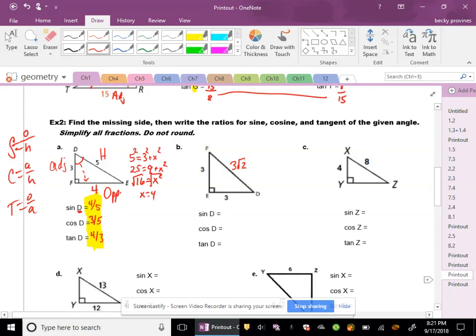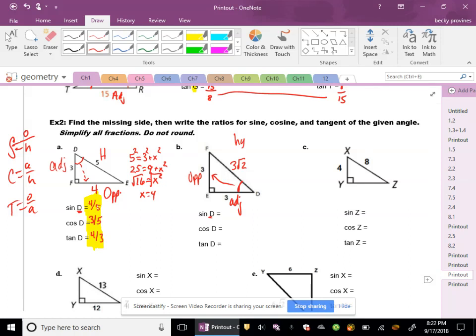So we're going to do the same thing. We know this is my hypotenuse. If I'm working from angle D, that means straight across is my opposite. And then the other 3 is my adjacent. Notice we do have 2 sides that are the same this time. So what is sine?